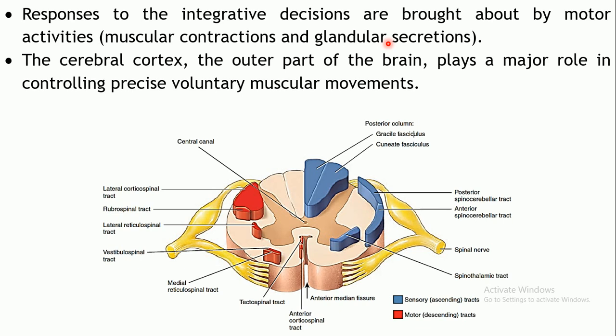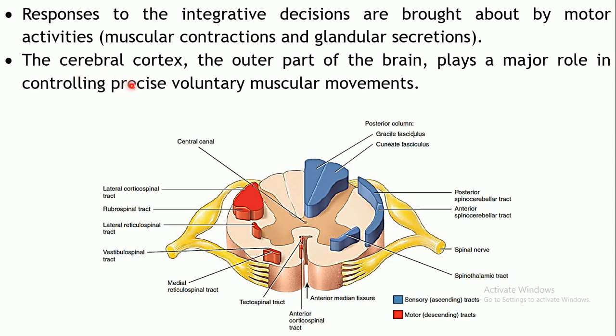Either find a shelter if you do not have an umbrella, or open the umbrella if you have it. That's the response given as a result of the integrative decisions taken by either the brain or the spinal cord. Some muscular contractions or secretions will take place in the body in response to that sensory information being brought towards the CNS.